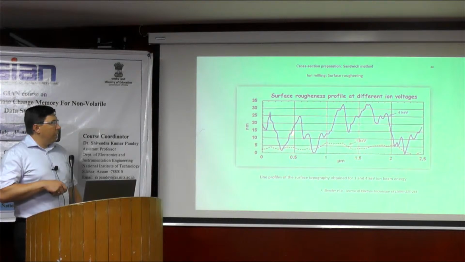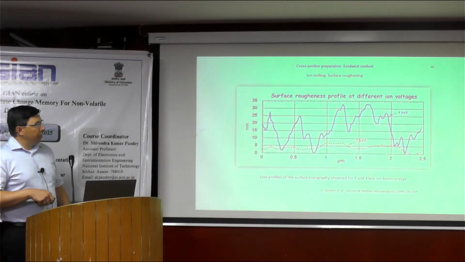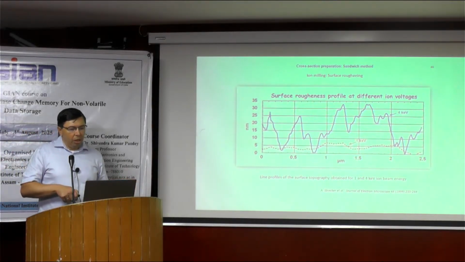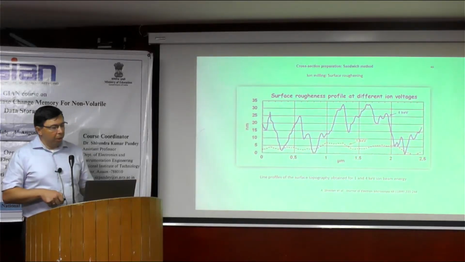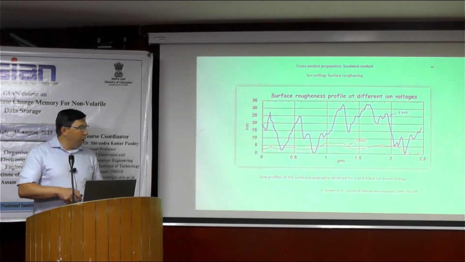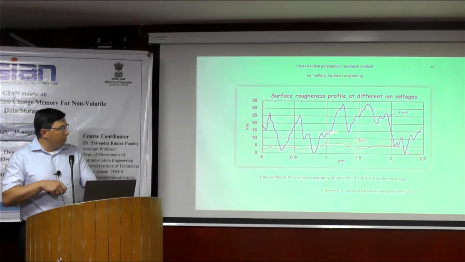This was ion beam milled with 4 kV, and this was ion beam milled at 1 kV. Sapphire is also a very hard surface, and it's not so easy to prepare it. So you should know about it, and you have to adjust your ion beam milling parameters to your system.